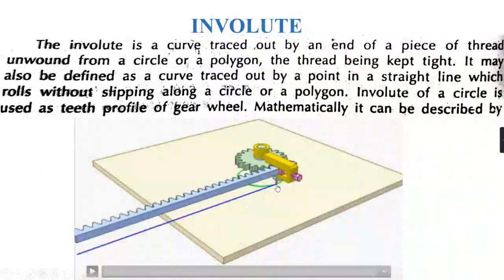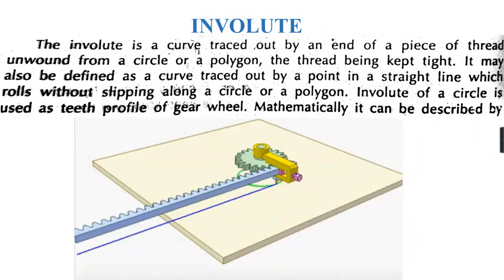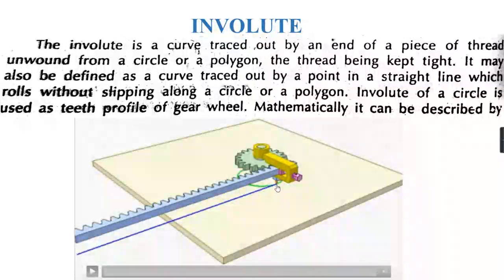When this straight line is moving around this circle, the path traced out by this point is called an involute.